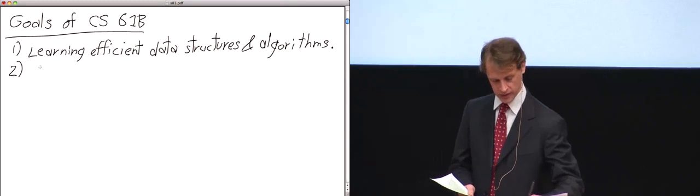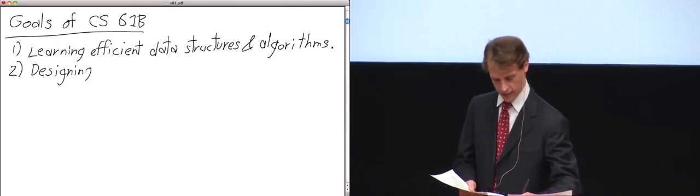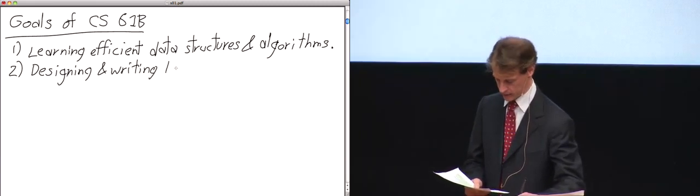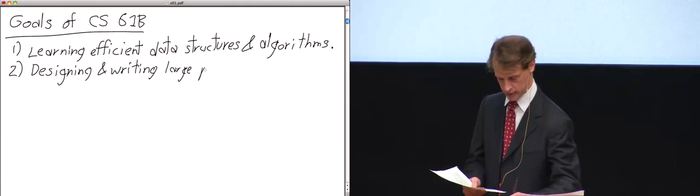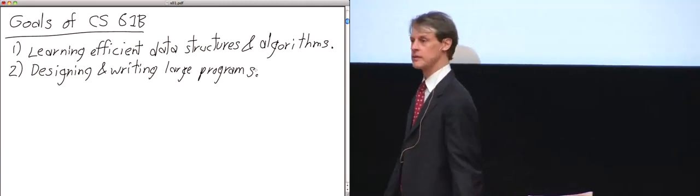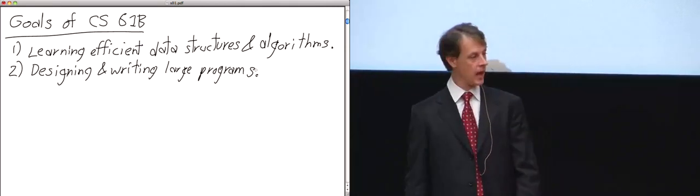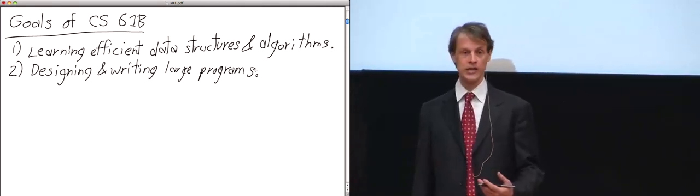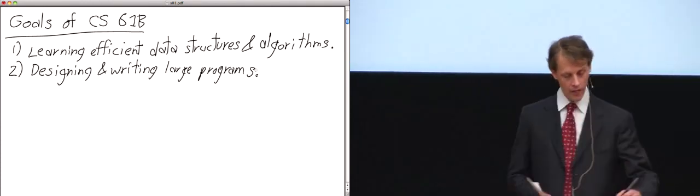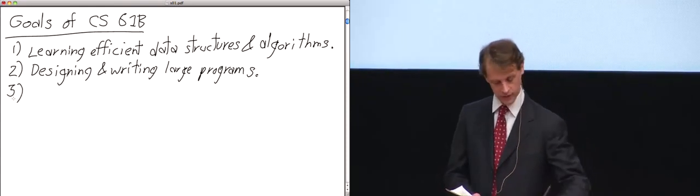Another thing we're going to do is learn to write programs that are a lot larger than we have before. So the 61B projects are bigger than the stuff you did in 61A. And of course, the group projects will allow us to make even bigger programs. In order to learn how to do that, we're going to learn a little bit of software engineering.